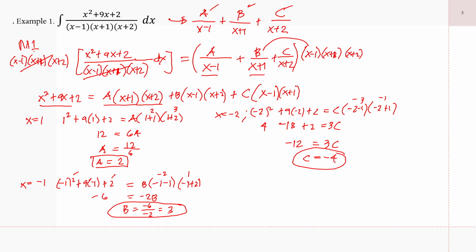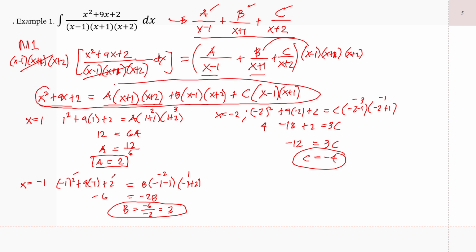So let's execute method 2, another way to get the values for A, B, and C before integrating using the sum of partial fractions. We have to copy this side.